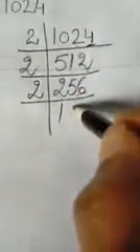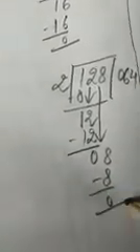Now 128 is also divisible by 2. We will divide it by 2. Now 2 ones are 2, 0. 1. Next digit 2. 2 sixes are 12. Next digit 8. 2 fours are 8. So we got 64 as the quotient. 128 divided by 2, we got 64.